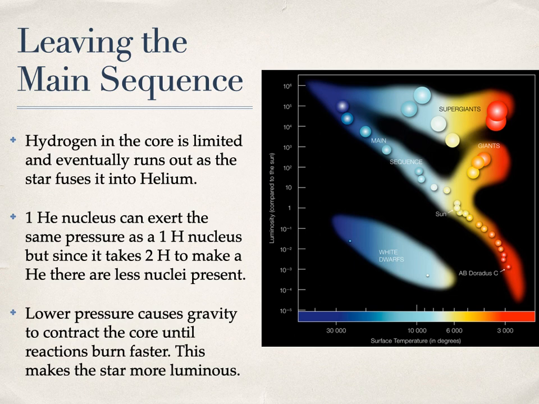And there becomes sort of a problem here because the pressure of those nuclei is what's supporting the star. That gas is pushing outwards to support the star from the heat being produced inside. Now, one helium nucleus can exert the same pressure as a hydrogen, right? But remember, a helium has two protons, a hydrogen only has one.